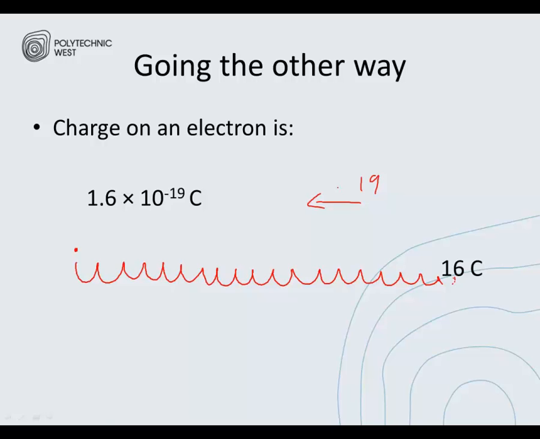Now, I've got zeros missing here, so I just put them in, just for the sake of completion. So that's going the other way. I just pointed it along 19.